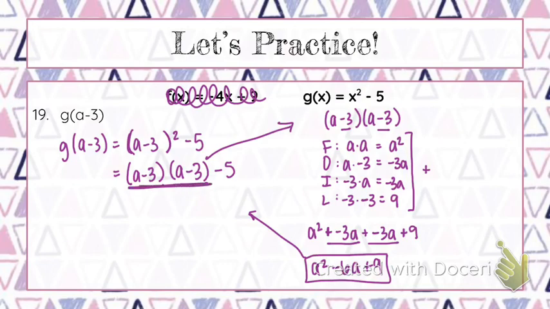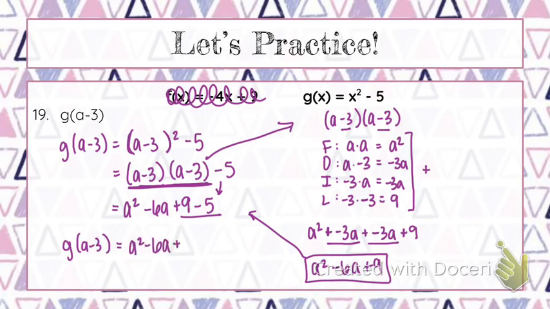So this part of our equation simplifies to a squared minus 6a plus 9, and then we have to bring down minus 5. So now we can combine like terms here, and we get g of a minus 3 is equal to a squared minus 6a plus 4.